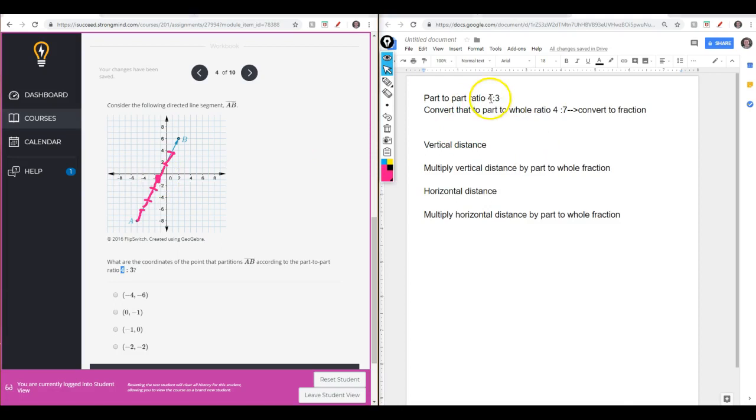So I converted that to a part-to-whole, 4 to 7, and now I'm going to convert this to a fraction. It would be 4/7. I only want to go 4/7 of that distance.